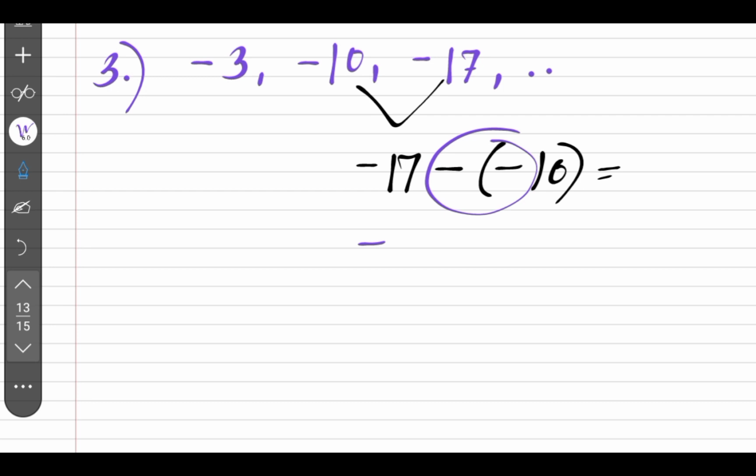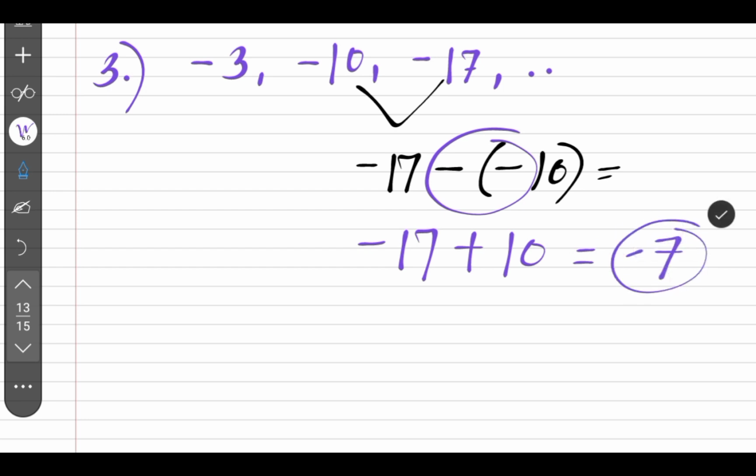So we will write it as negative 17, negative and negative will become positive, and just copy 10. So negative 17 plus 10 is negative 7. Why negative? Because the higher number is negative. So the sign of the result is also negative.